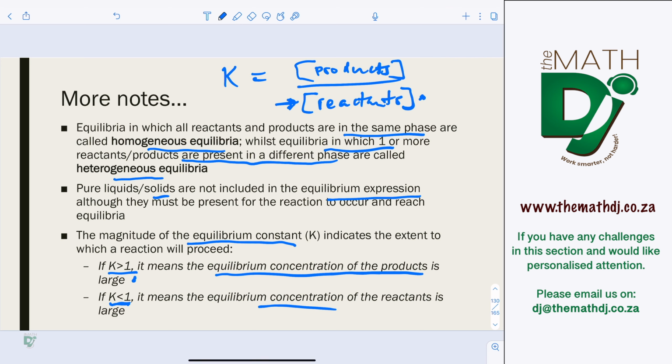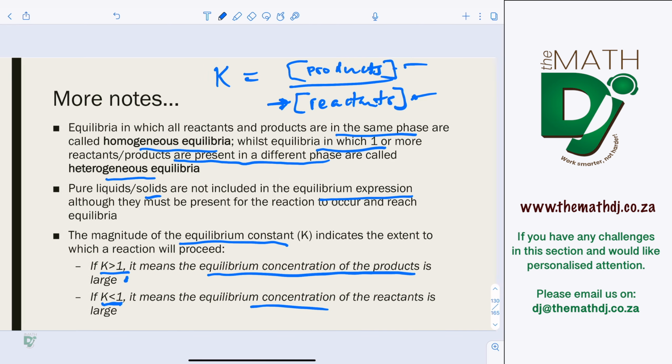And if they are the same, then K will be 1. So that's the simple answer.